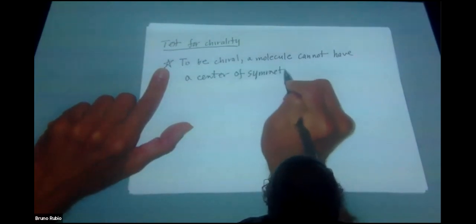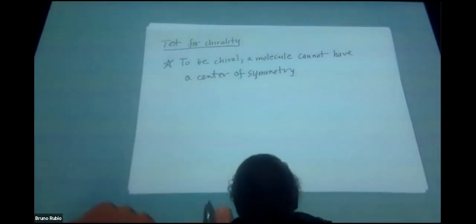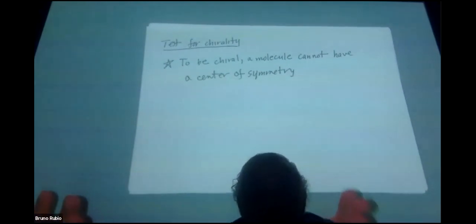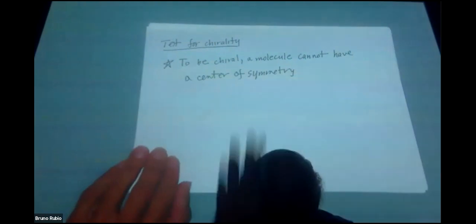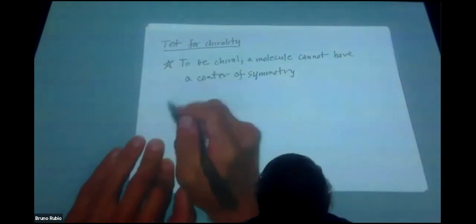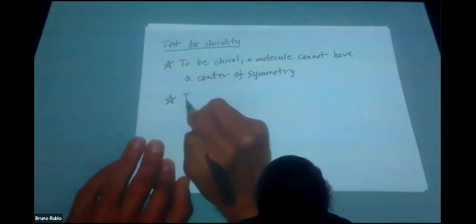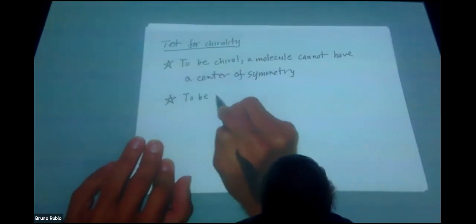Well, what the heck is that? Well, we're going to talk about that. What exactly is a center of symmetry? So if something has a center of symmetry, it cannot be chiral, right? Just going to lay down the law, and then we'll go back and talk about all of this stuff in nauseating detail.